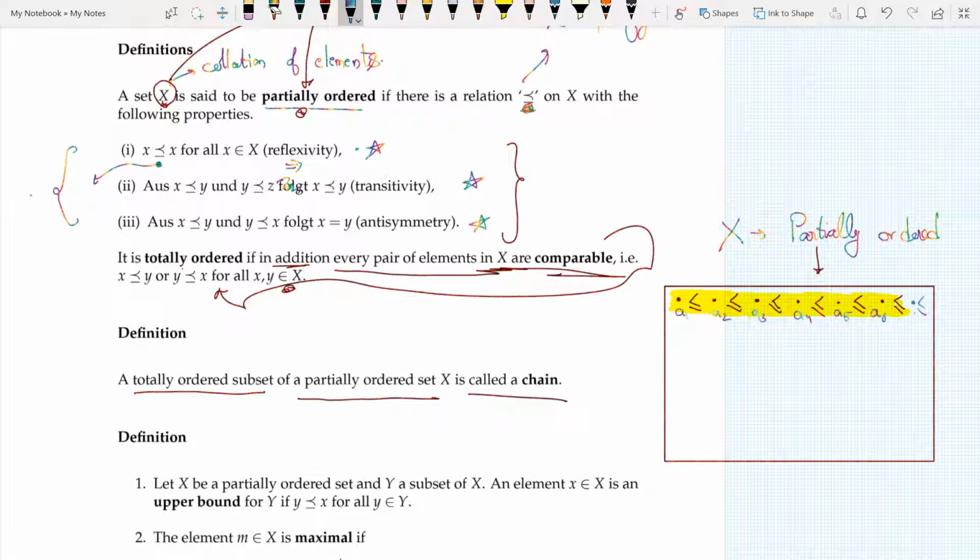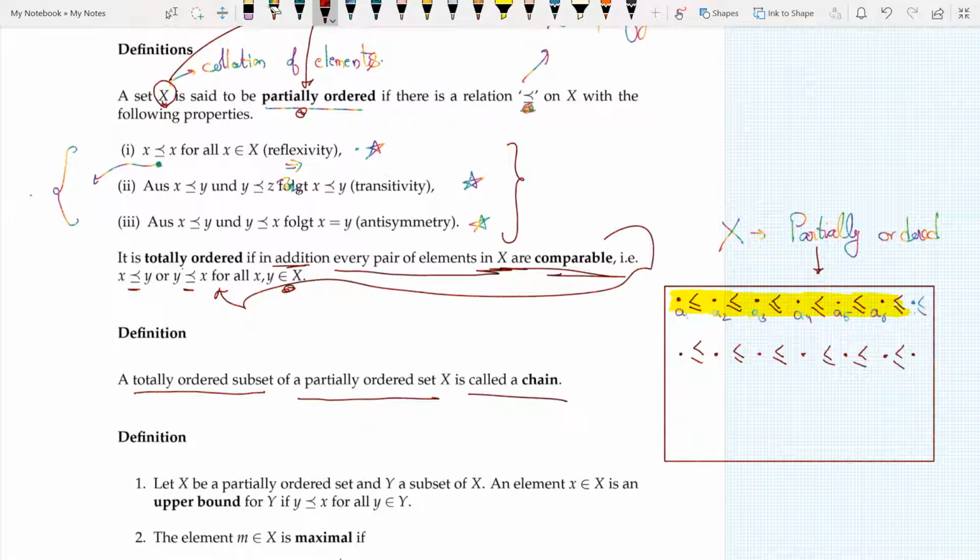So this is a partially ordered set, and there are other elements also here that I'm not drawing as of now, but not every element is comparable to every other element. You see? These elements in this yellow strip are all comparable to each other. They can all be compared to each other using this relation. But elements in this chain cannot be compared to elements in the chain above it.